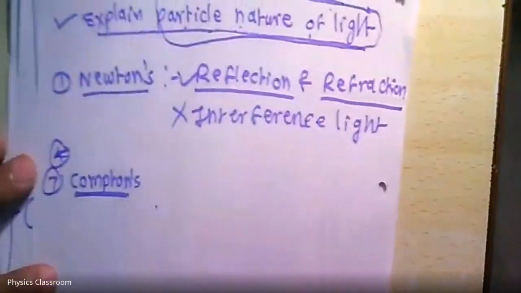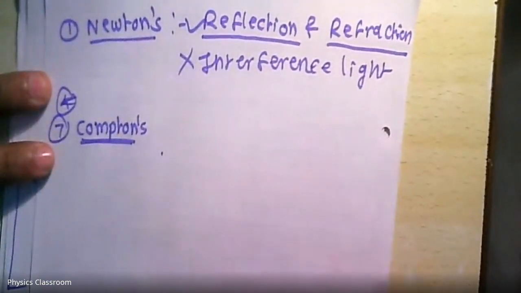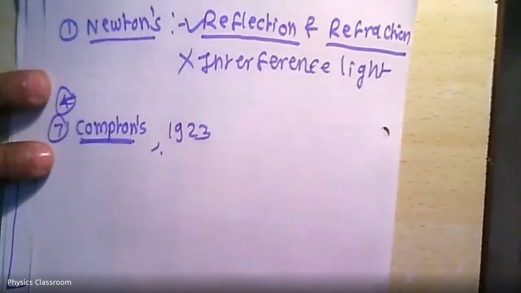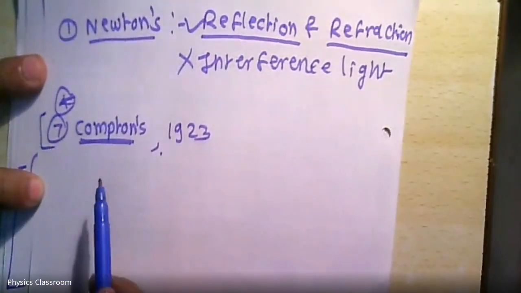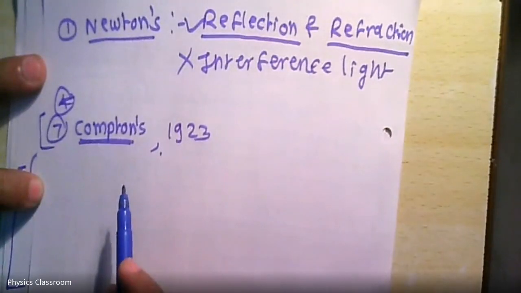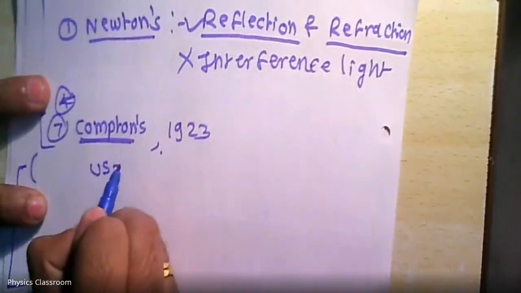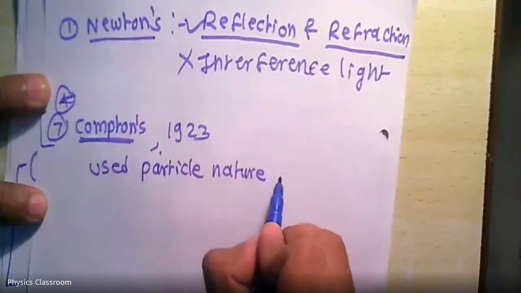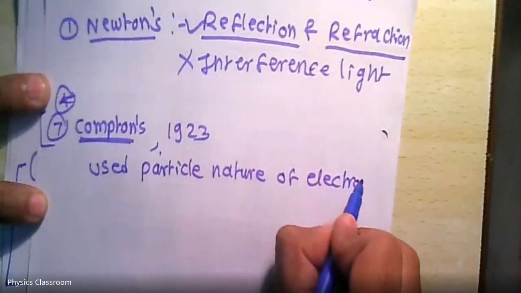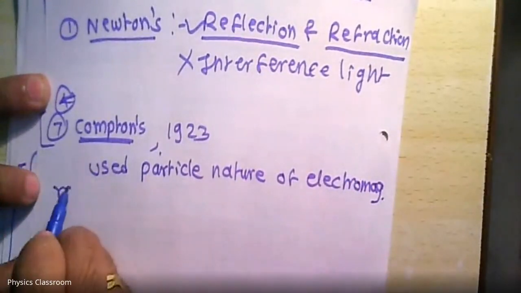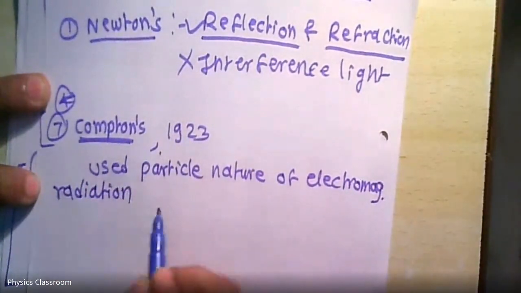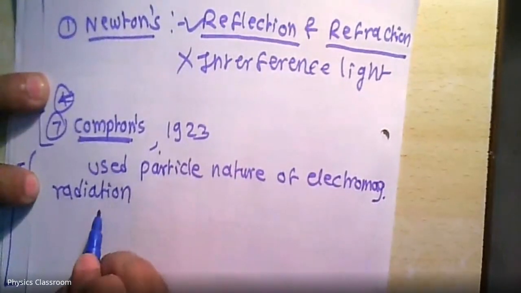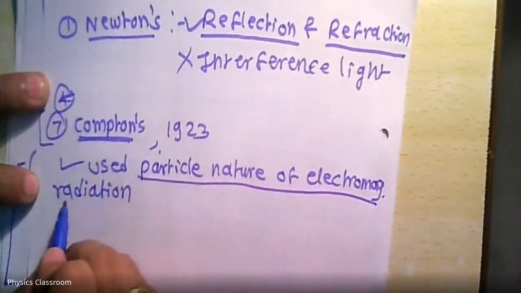In the Compton effect, in 1923, after Einstein's theory, Compton used the particle nature of electromagnetic radiation.